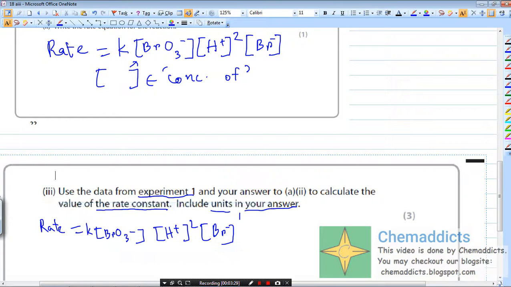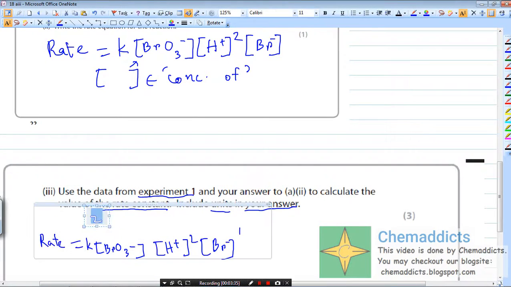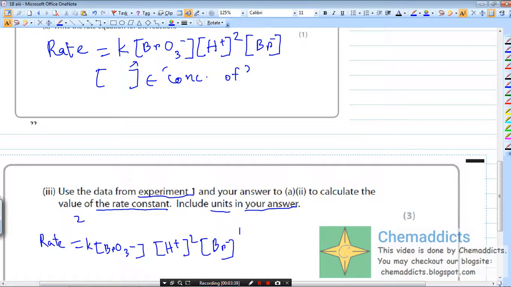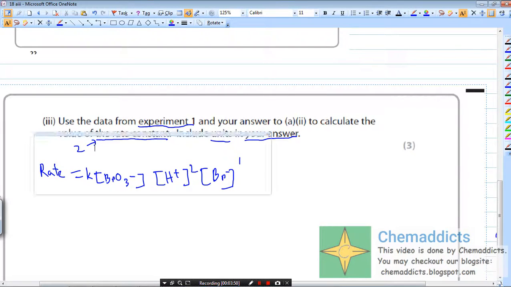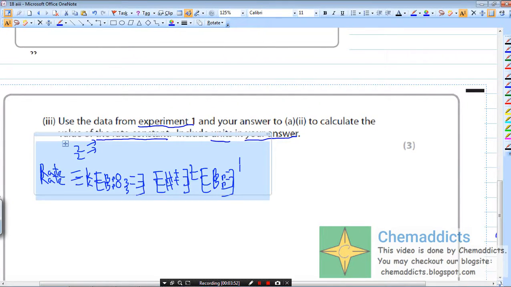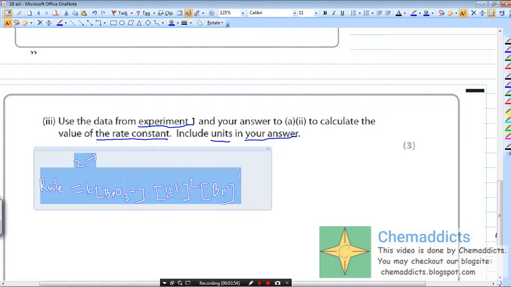So this is the rate equation for this particular reaction.